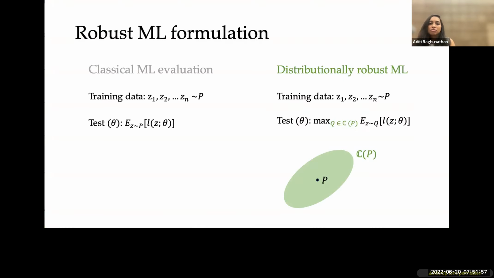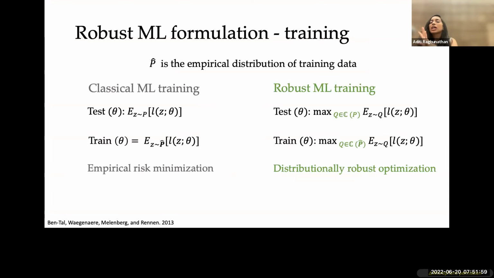So I don't want to spend too much time, but the main idea is that we just apply the same approach. In ERM, we care about performance on the test distribution, and so what we do is we minimize the empirical version, right? We just take the average error over your training set and then we minimize it. In robust training, we care about worst case performance across the set. So let's just minimize that at training.